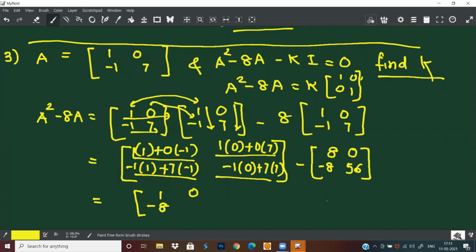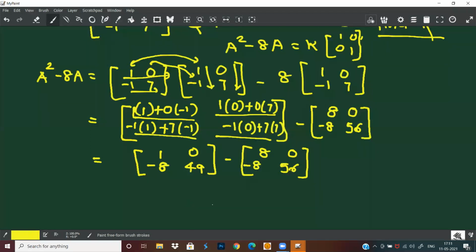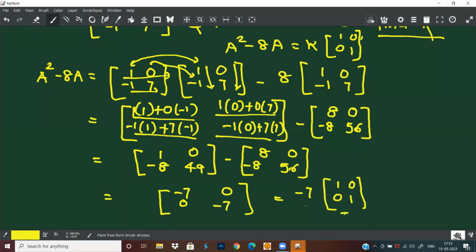समझ रहा है? So 1 minus 8. तो ये minus 7 0 0 and minus 7. 1 0 0. ये तो आए ना.